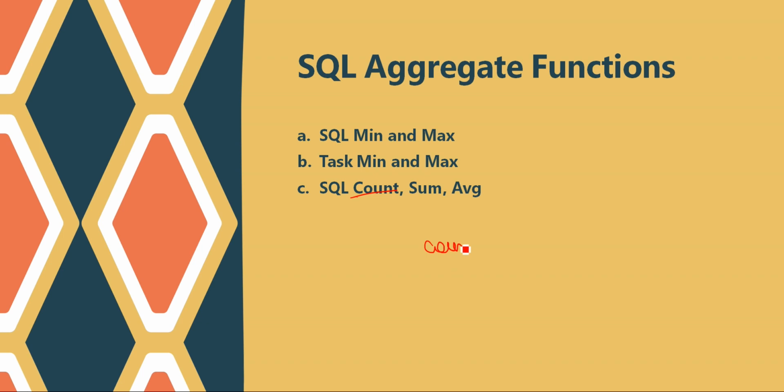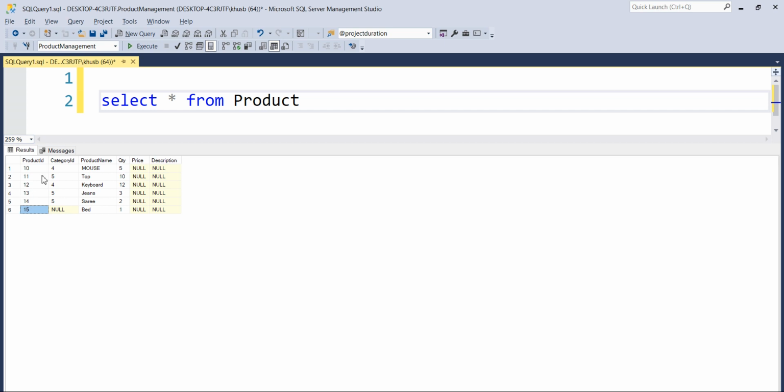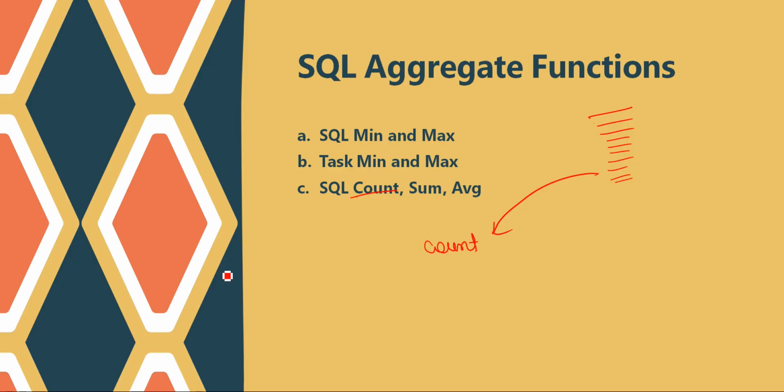It is going to count row by row and give the result of that count. If I have 6 products, it is going to count all of them, 1, 2, 3, 4, 5, 6, so it is going to return 6. Total 6 products you have.